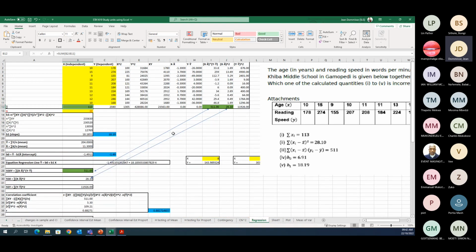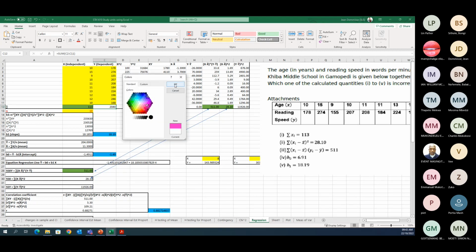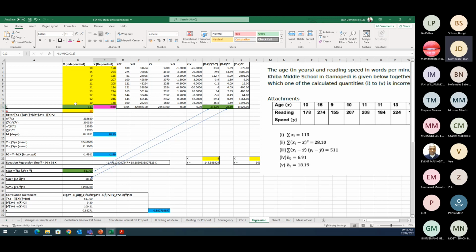Okay, so what we have here is the sum. That's the sum of the X's. That's the sum of the Y's.